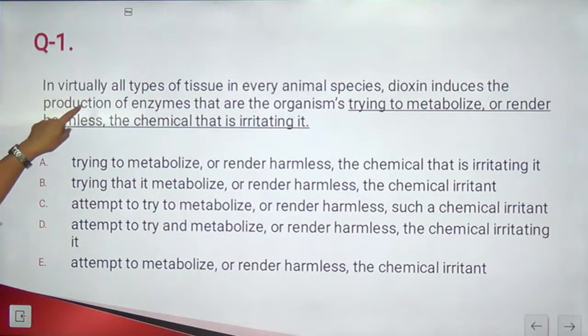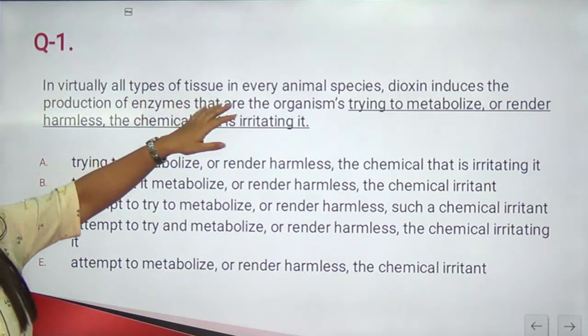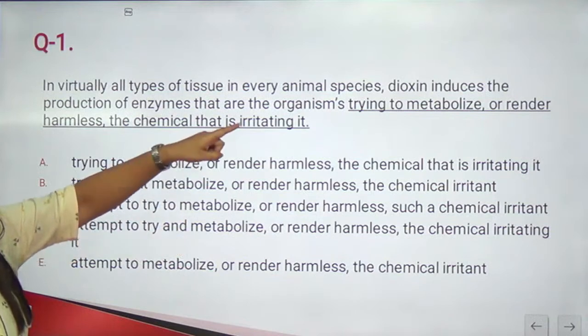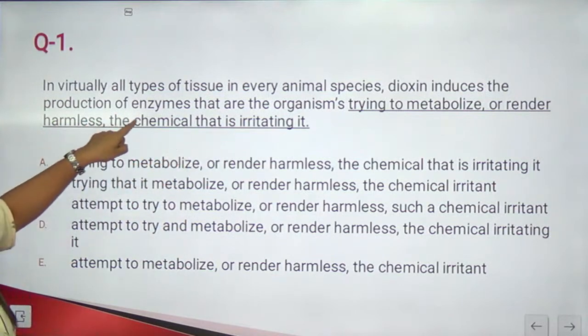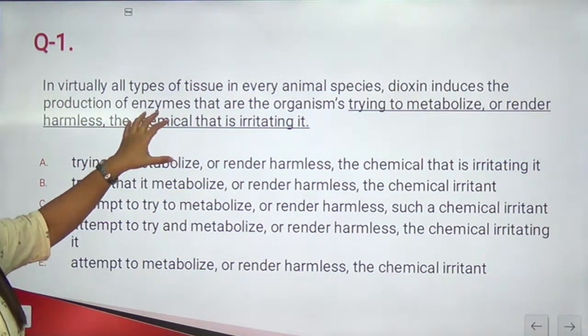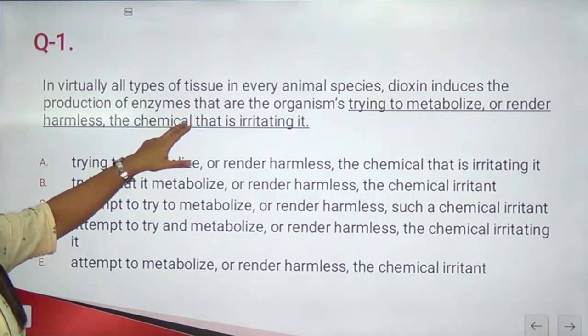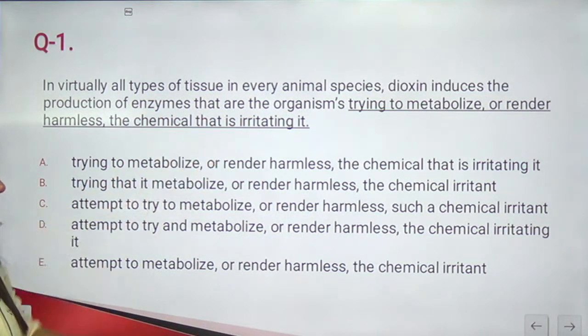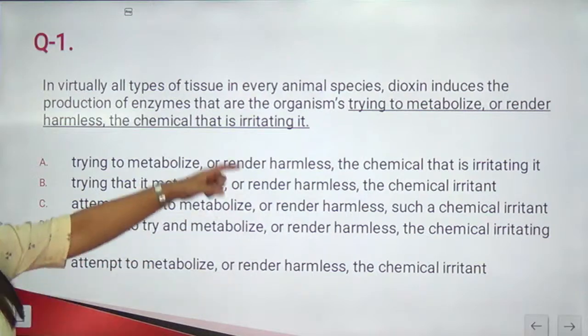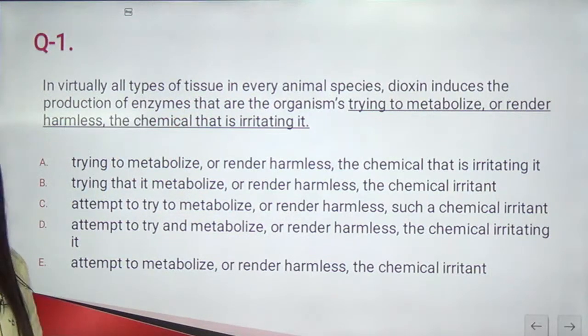In virtually all types of tissue, in every animal species, dioxin induces the production of enzymes. So what is the role of these enzymes? That are the organisms. So why do organisms do this? Why do the organisms have dioxin that induces enzyme? What is the purpose of it? Let us see who's going to answer this one.